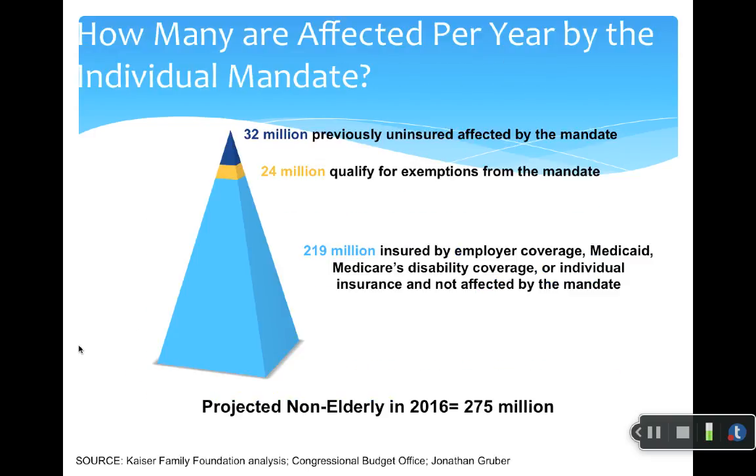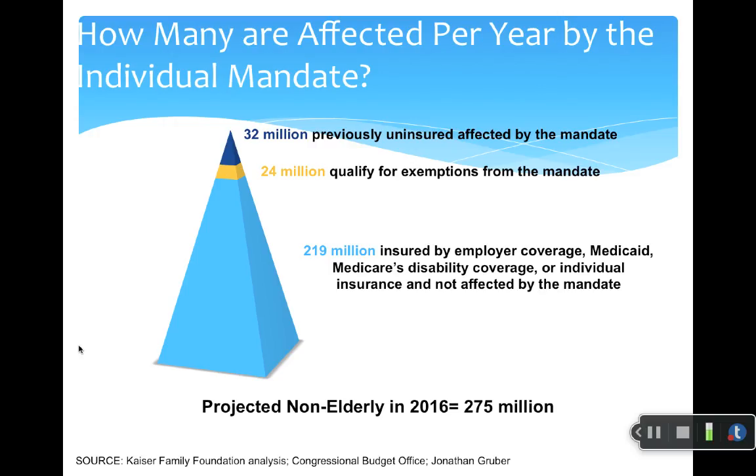What we see here also is that people always wonder how many people are impacted by the individual mandate. And the answer is, in the scheme of people who are eligible to buy private insurance, the non-Medicare or non-elderly population, out of those 275 million individuals, only about 32 million are really going to be impacted by the individual mandate and be required to buy health insurance, because there are a wide range of exemptions, as we just mentioned, as well as all the people who are already covered by employers, by Medicaid, or by Medicare.